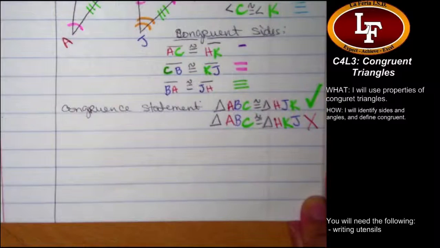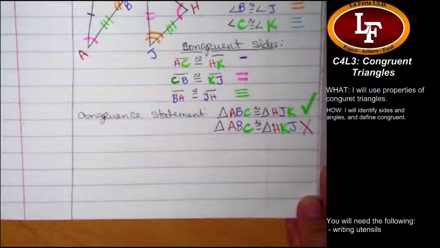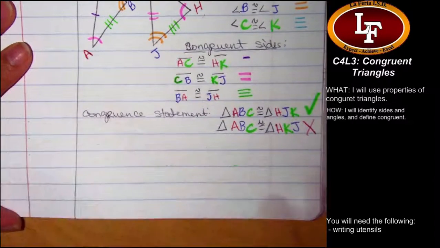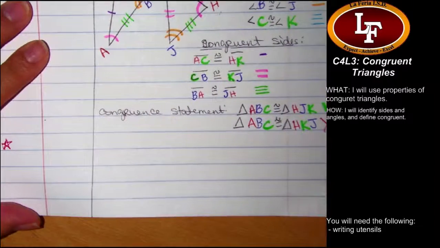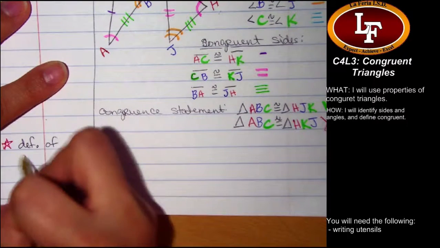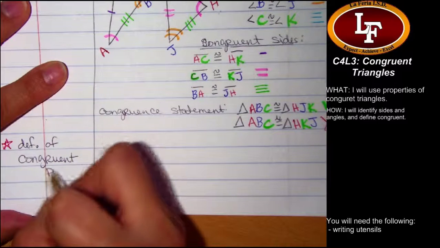This leads us to the proper word definition for congruent polygons. So, definition of congruent polygons.